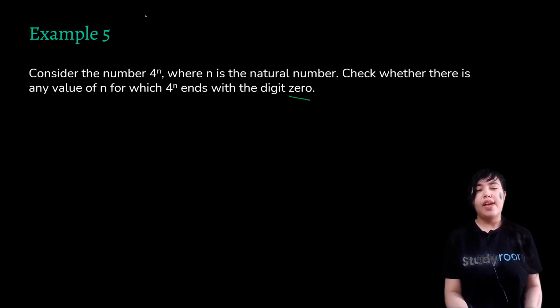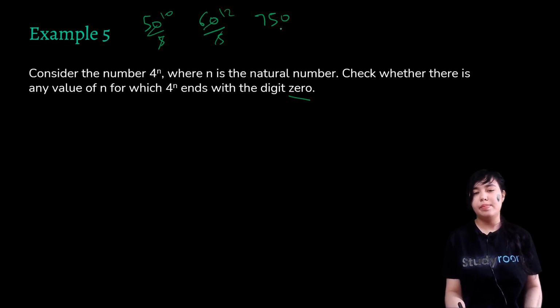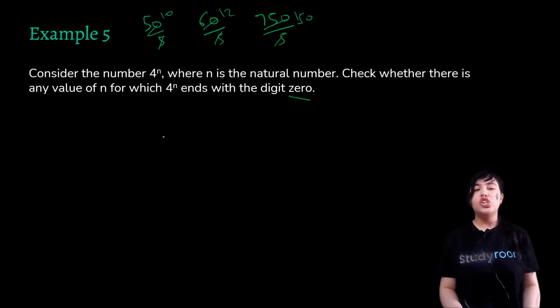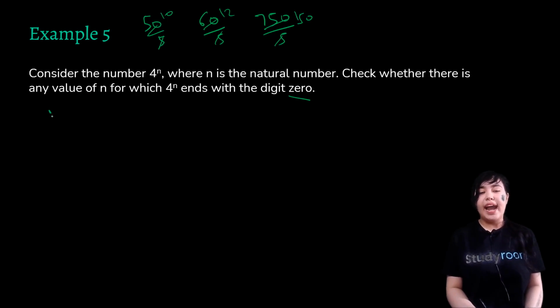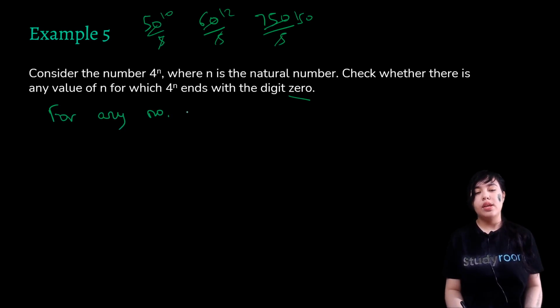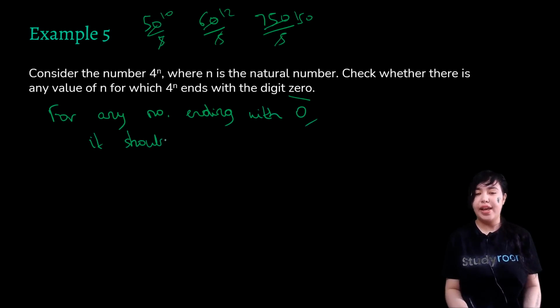If I give you 50, 60, 750, all of them are divisible by 5. The list is endless. So any number ending with digit 0 should be divisible by 5.